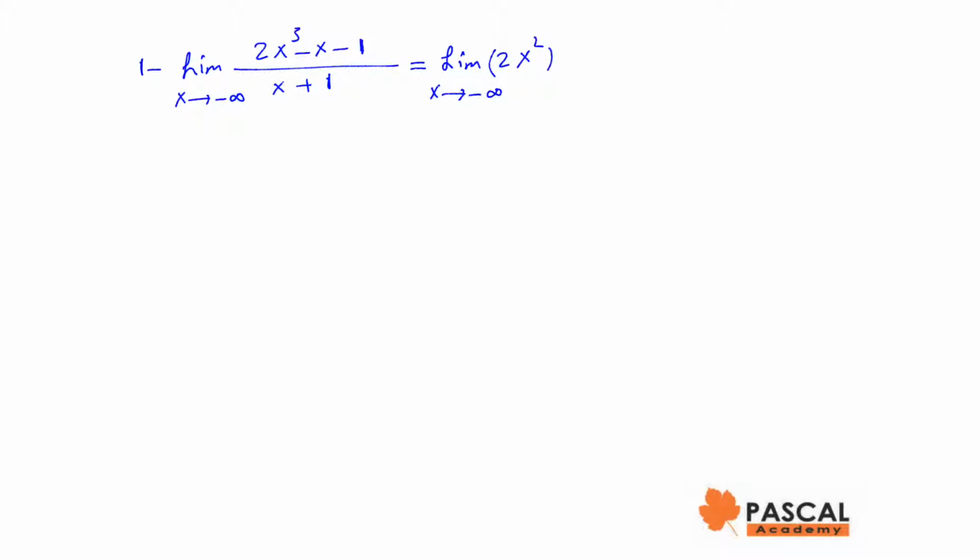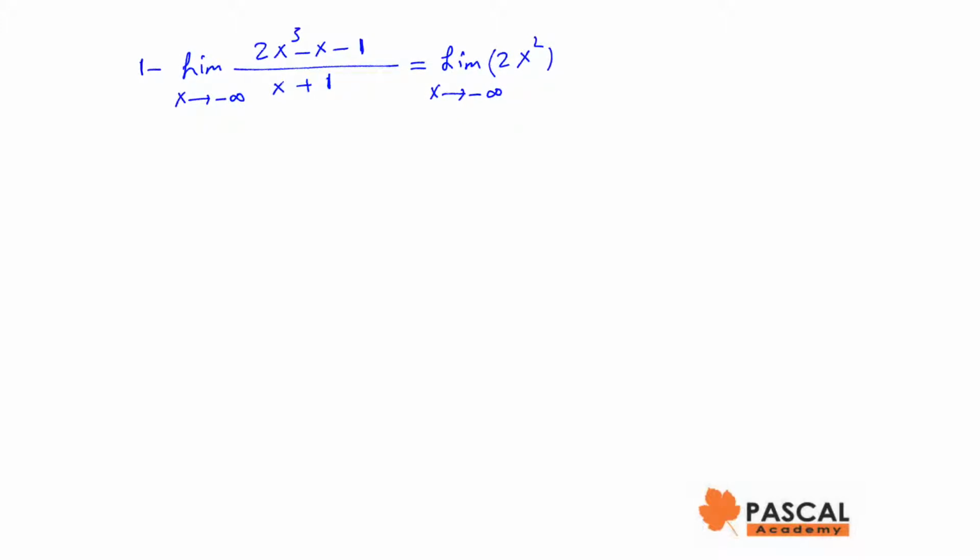Let's have a couple of examples. Limit of 2x^3 minus x minus 1 divided by x plus 1 as x approaches negative infinity. This limit is the same as limit of 2x^2 as x approaches negative infinity.